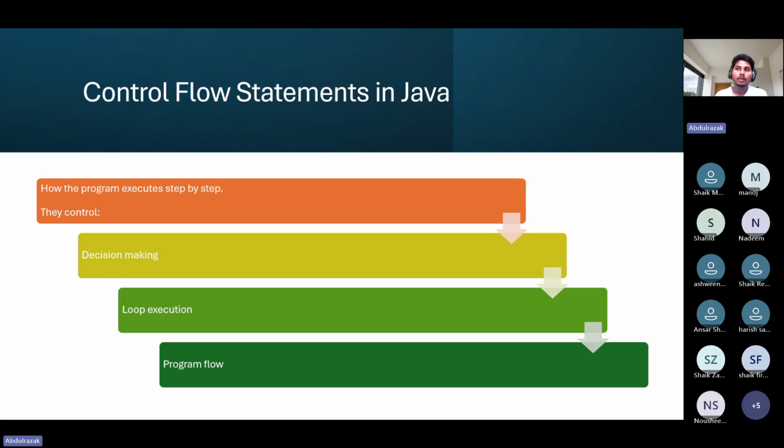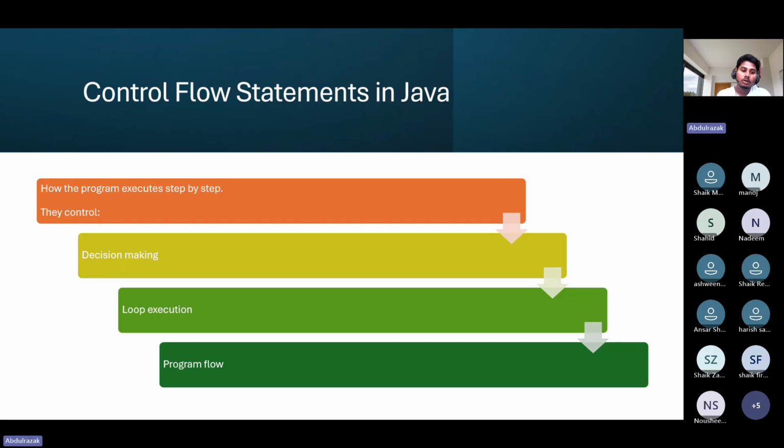So the flow of execution of statements, it will control. So simply we can call it how the program executes step by step. They control the decision making, loop executions, and the program flow. So control statements are nothing but they decide the program execution step by step.